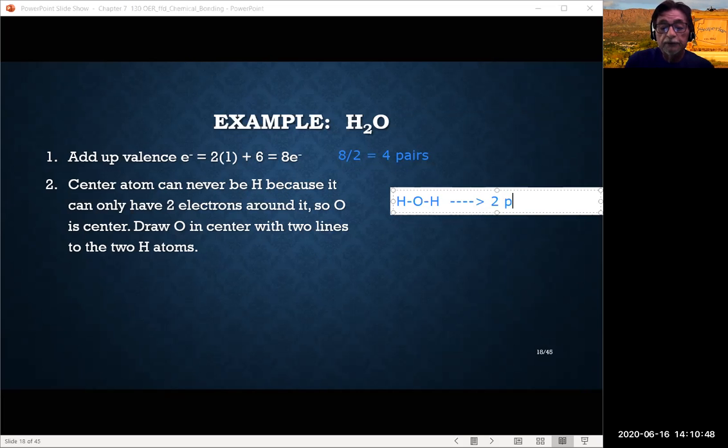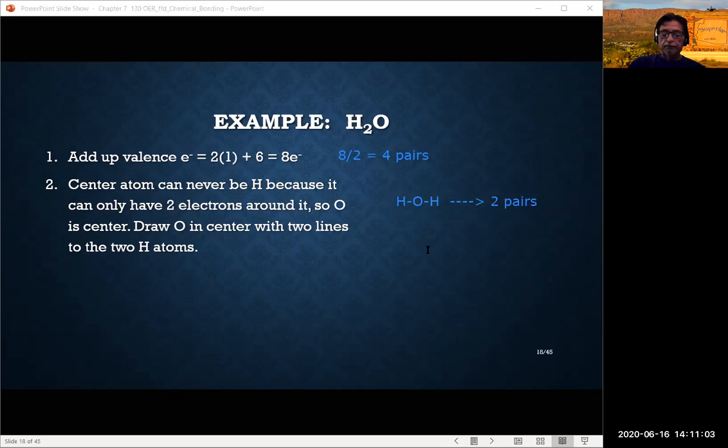Well, that takes care of 2 pairs. Now that I have 2 pairs taken care of, and I'm allowed 4, I have to put the other 2 someplace. The only place I can put them is on the oxygen.